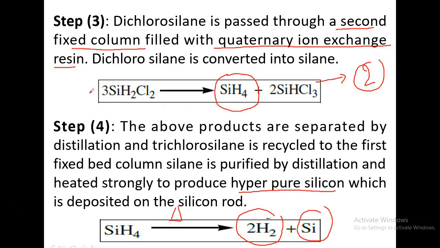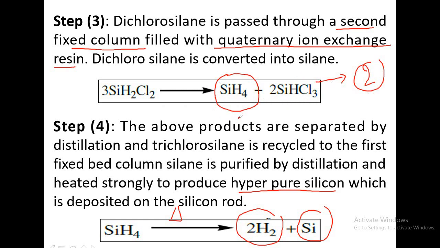In the third step, this dichlorosilane is passed through a second fixed bed column filled with quaternary ion exchange resin. Here dichlorosilane is converted to silane and trichlorosilane. This trichlorosilane is separated from silane by distillation, and then it is taken to step 2.